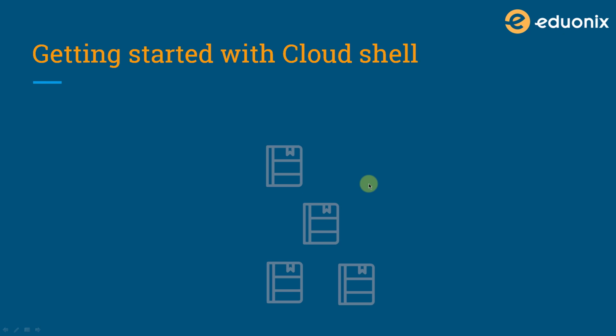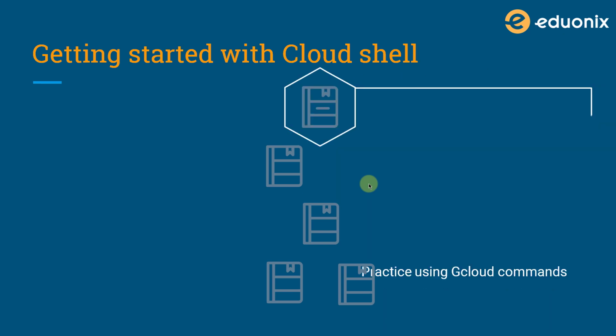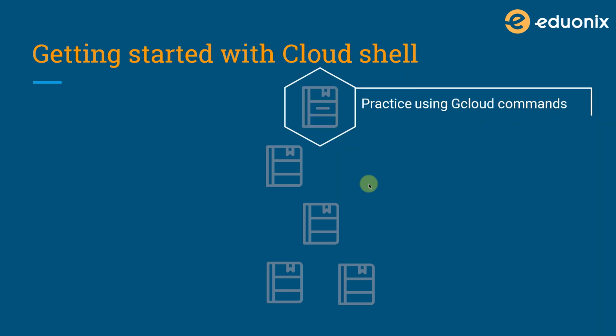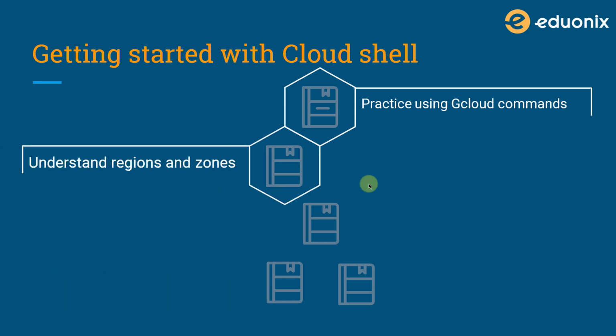Hello everyone, welcome again. In the previous videos we learned how to create a virtual machine using Google Cloud Console and using Cloud Shell. In this video we will learn how to get started with Cloud Shell. We will learn and practice on Google Cloud Shell using Google Cloud commands, and then we will understand what regions and zones are.